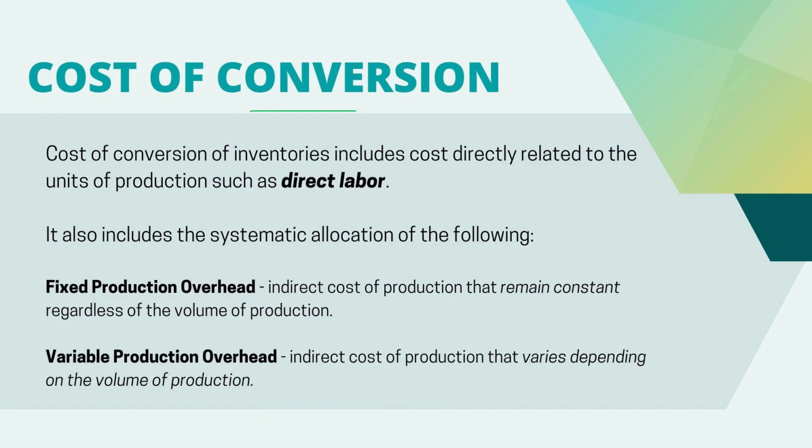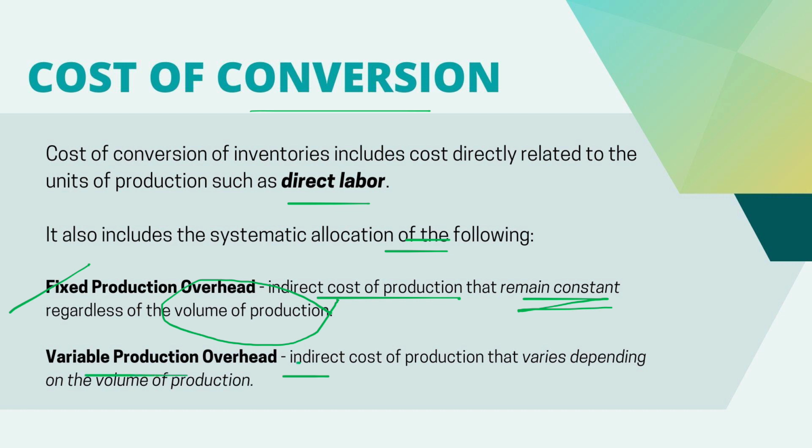Now, conversion. So, cost of conversion of inventories includes costs directly related to the units of production such as direct labor. It also includes the systematic allocation of the following. We have fixed production overhead, those indirect costs of production that remain constant regardless of the volume of production. We also have variable production overhead, which is indirect cost, and it varies depending naman sa volume or quantity ng production.